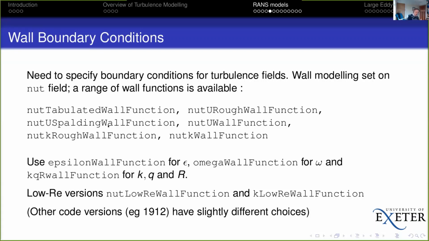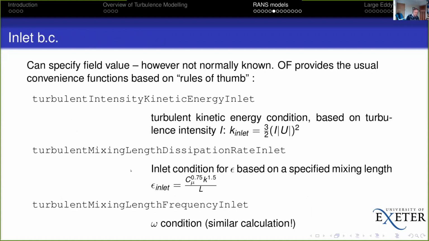If you are using a RANS model with k, omega, and epsilon, you are very likely to want wall functions for those as well, and they are implemented, including the low Reynolds number versions such as kLowReWallFunction. Now, in terms of the inlet boundary conditions, we are specifying these for the velocity, for k, and for epsilon.